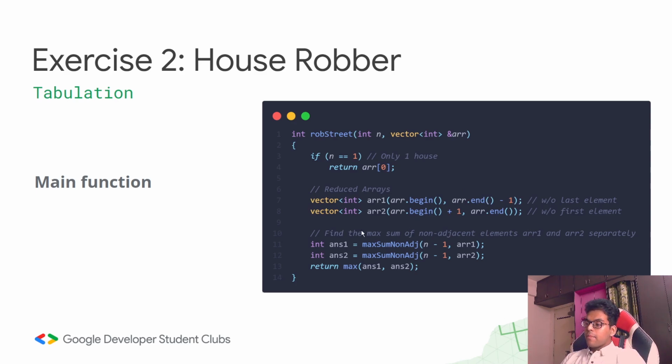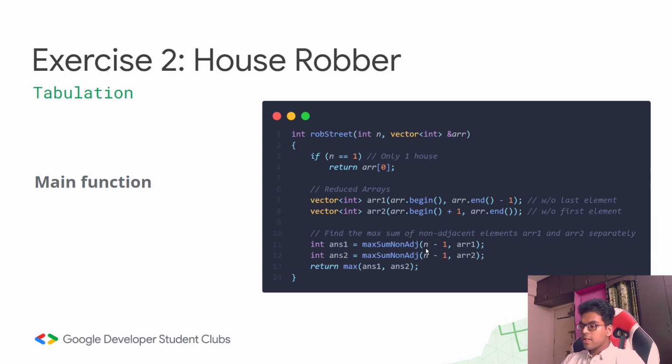Then we individually compute the maximum value that can be stolen from these two reduced arrays, which is stored in answer1 and answer2 for arr1 and arr2 respectively. And then finally we return the maximum value of these two answers.